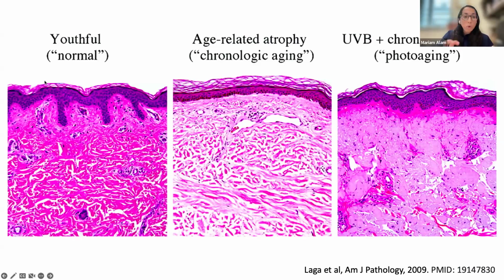The normal or youthful patient has these really nice, well-formed rete ridges that participate in nutrient exchange and are part of the epidermal barrier. And then as you age, the epidermis really thins out a lot. It's pretty striking to see. You can really tell in a punch biopsy when you look at it under the microscope how old the patient is. You can also see that the collagen bundles are less tightly packed.